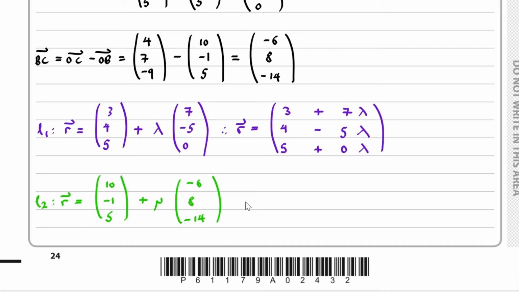And this other one, we can rewrite as (10 - 6 mu, -1 + 8 mu, 5 - 14 mu).